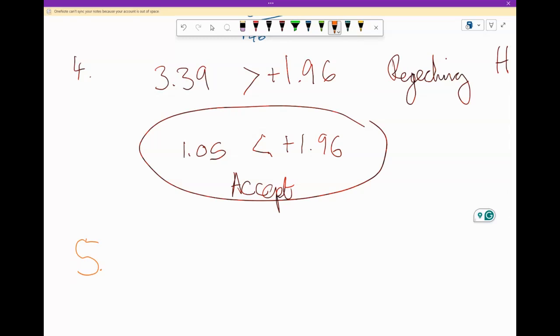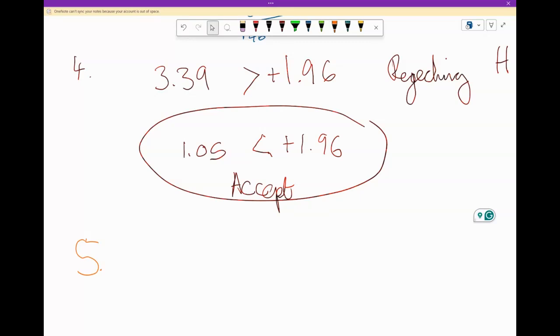All right. So we're saying at a 5% level of confidence, we are rejecting the null hypothesis. Okay? So it's basically saying we are rejecting the assumption connected to the null hypothesis.